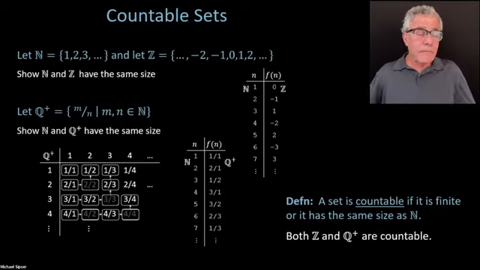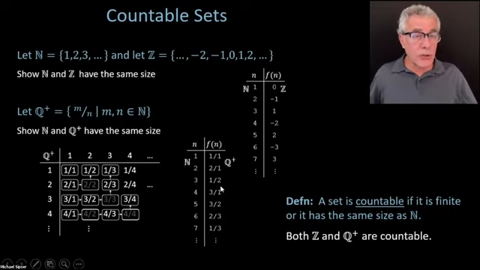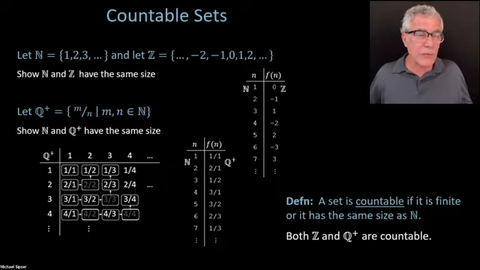Okay? Now, you might think that, since we're allowing ourselves to use something as arbitrary as this kind of a function to match up the natural numbers with whatever set you're trying to measure, then every set is going to be countable, because it seems like you're allowing too many possibilities, and all the infinite sets are going to end up being the same size as the natural numbers.